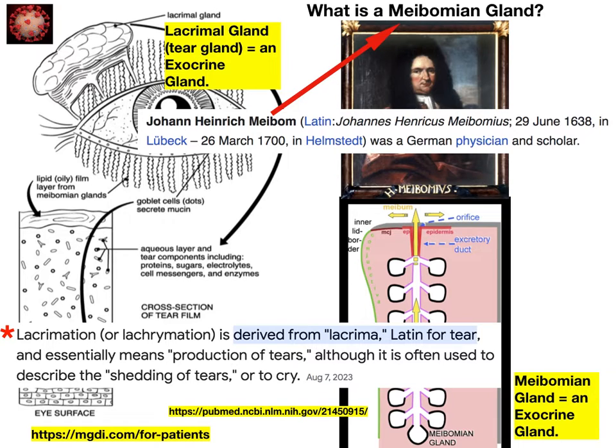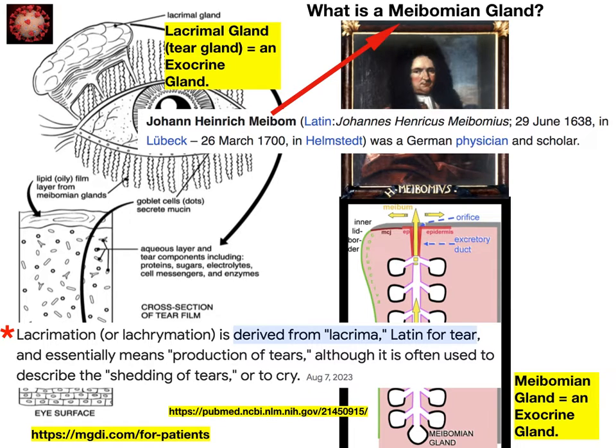By doing so, it sets up cryptic sites of infection. And it is important to emphasize that exocrine glands are a known reservoir of SARS-CoV-2 infection, which persists in long COVID patients, also known as PASC patients, post-acute sequelae of COVID.